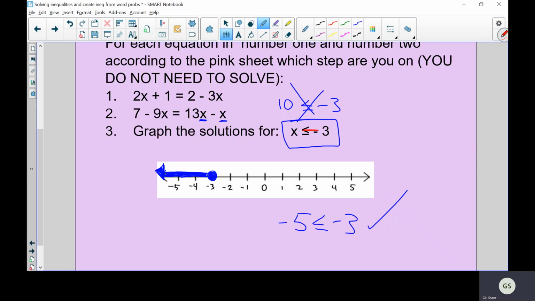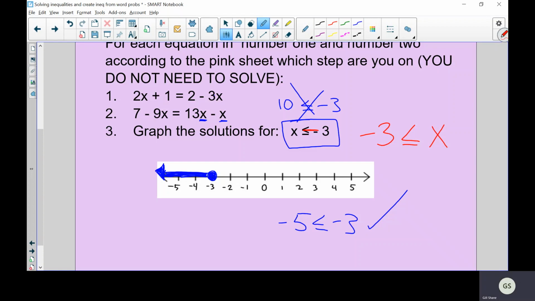Well, that works in this one, and it'll work in a lot of them. It won't work if it's like this, though. If you solve a problem and you get the variable on the right, and you come up with something like that, the arrow would be pointing that way, but the variable's on the other side, which means that would be the wrong side to shade.